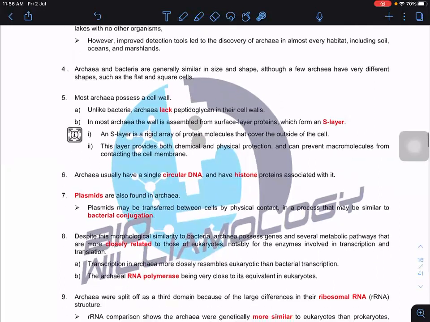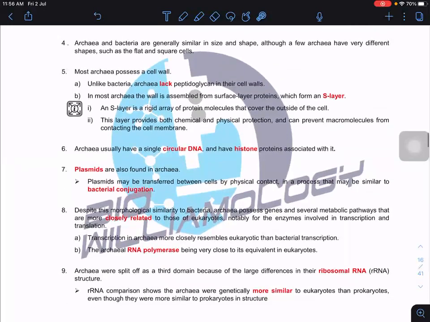Okay, so they have a cell wall, but they don't have a peptidoglycan cell wall. Are you clear? They don't have peptidoglycan. Peptidoglycan cell wall is a specific feature of bacteria. Archaea don't have it.